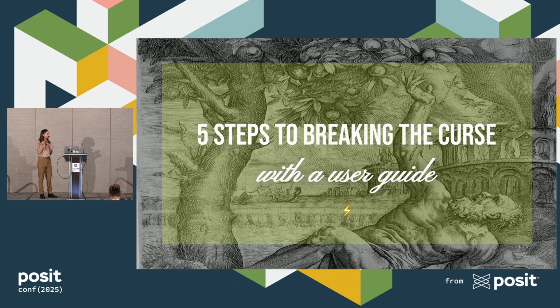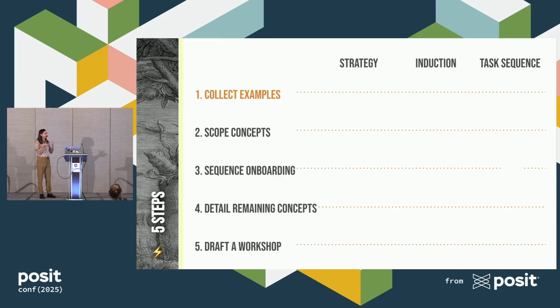I think what I want to spend the rest of my time on is 5 steps I think are important to breaking the curse, or how I would approach designing a user guide. So I find user guides really tricky. Working with Rich on Great Tables and Pointblank, one interesting thing was Rich had worked a lot with these libraries, and I came in with no idea what they did.